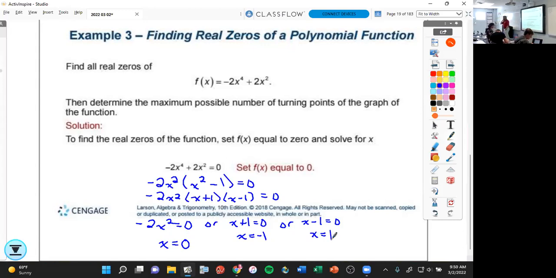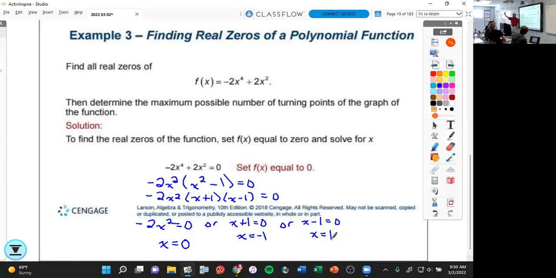Okay. How many zeros are there? 3. 1, 2, 3. I'm going to throw this out there. This is a 4th degree polynomial. A 4th degree polynomial must have 4 solutions.